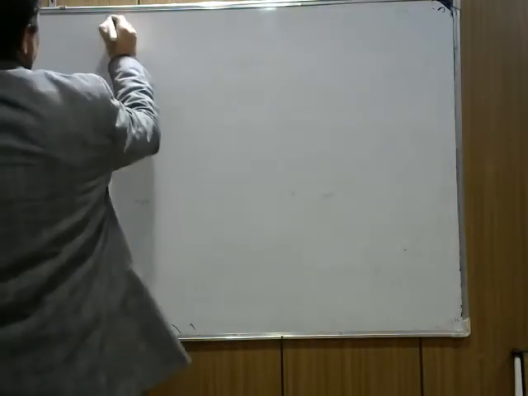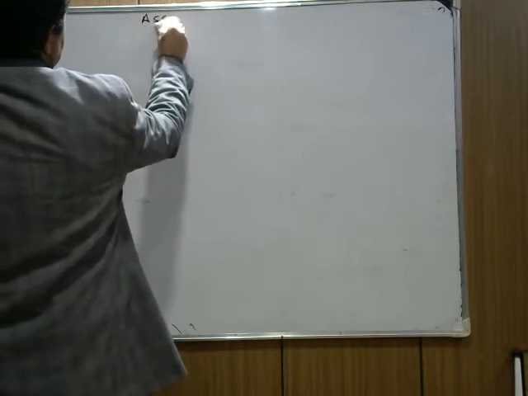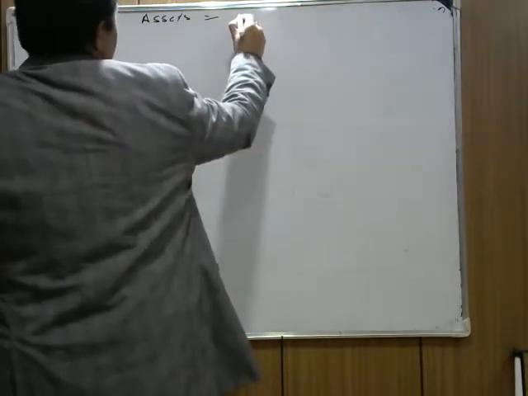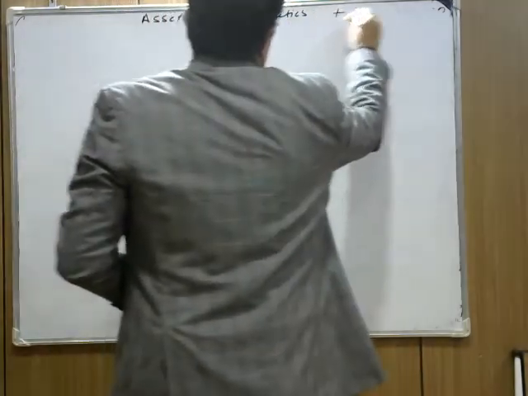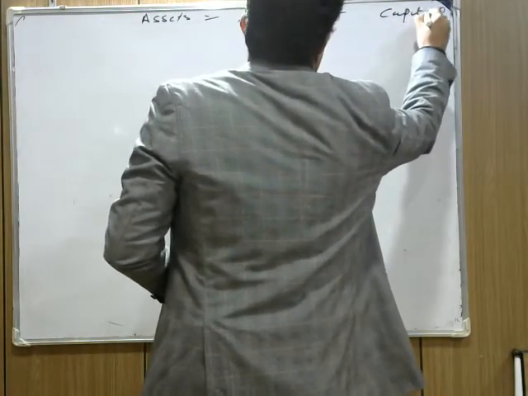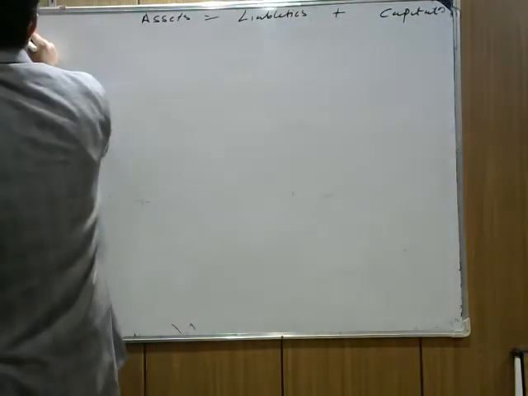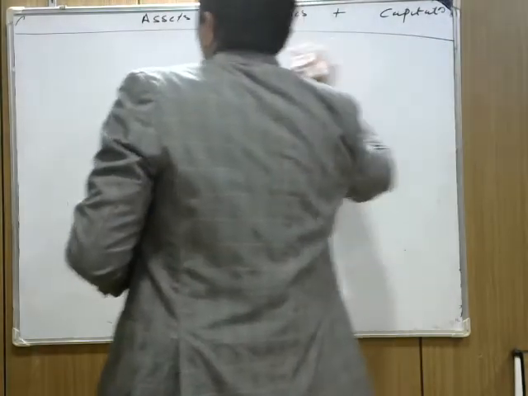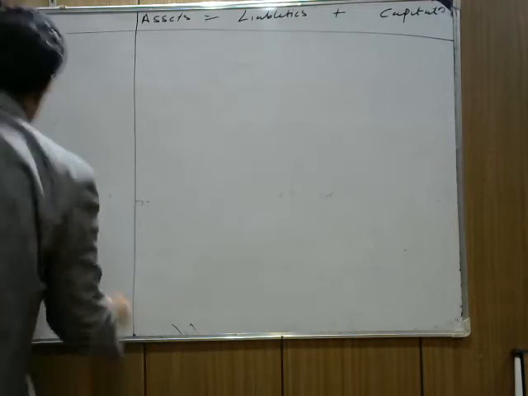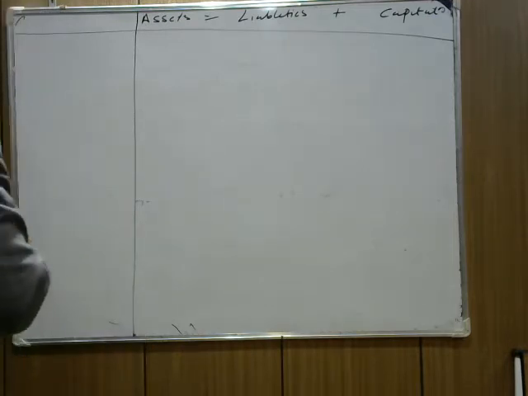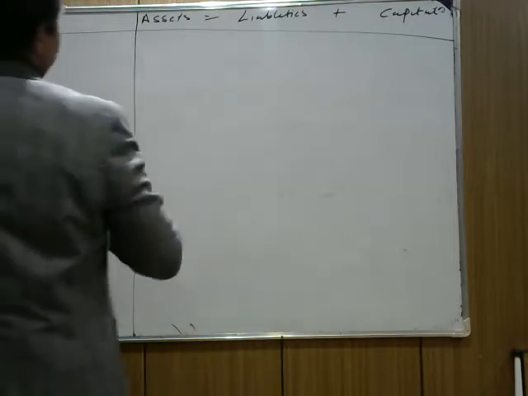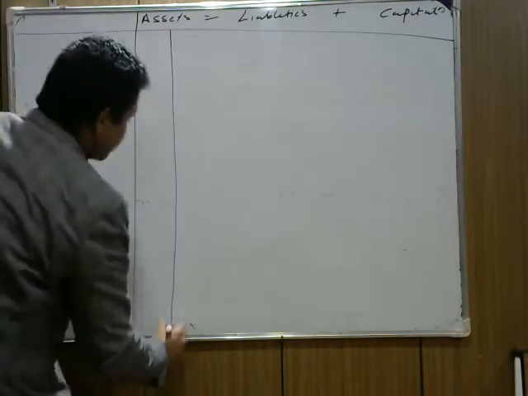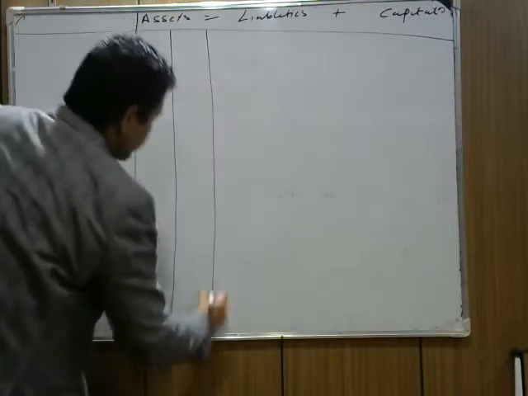We make the columns first. Assets is equal to liability plus capital. Here there are the transactions. Then find out what are the different assets we have. The first thing, we make the columns of cash and stock.